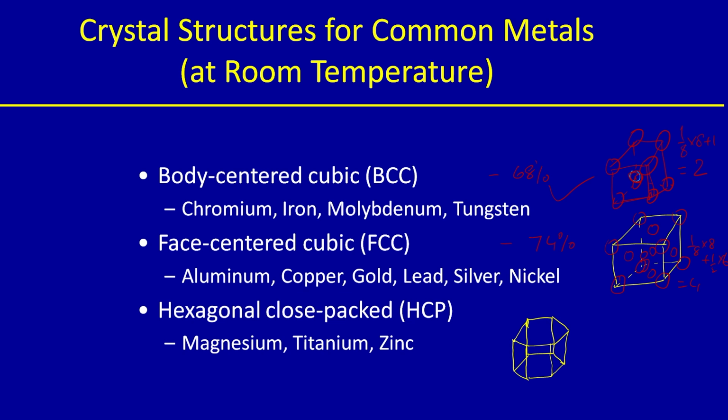Now, you can see here each face of the hexagon has a center. The center is occupied by one atom, and each corner of the hexagon is occupied by one atom. In addition, there are 3 atoms inside.